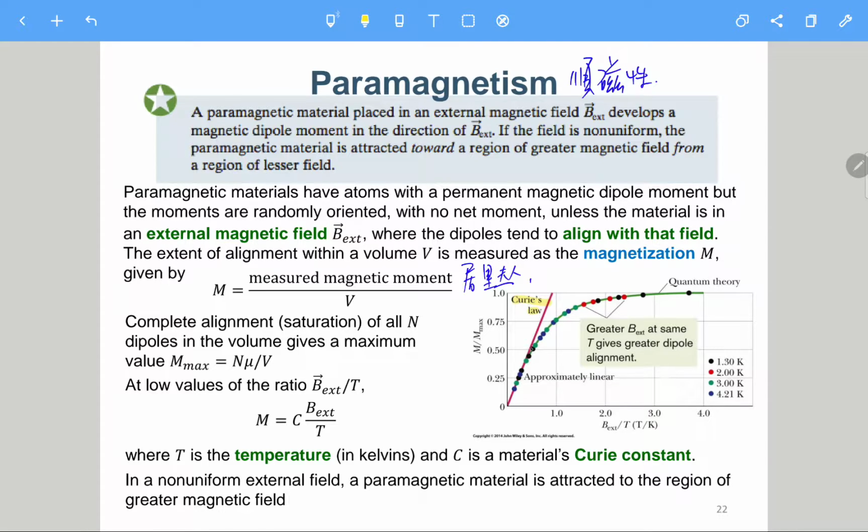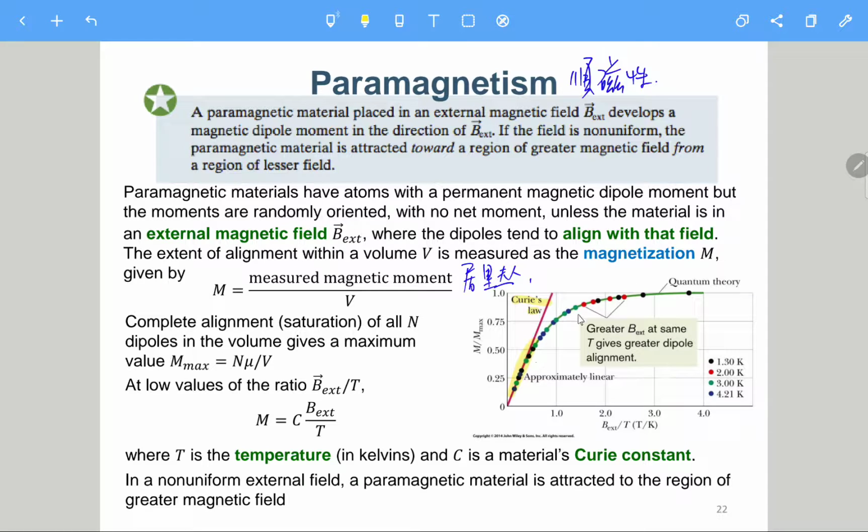It only follows Curie's law up to this part. When B external over T is much larger than 1, it starts to saturate at this point. So this is called M over M max. So there will be a maximum value for the magnetization.